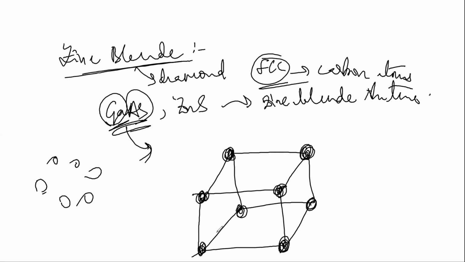Now I told you, at a fourth of the distance we'll have an atom here. This is of another element, it is not the same as carbon. There we have all carbon atoms, but here one is gallium, and the alternate atom will be arsenic, gallium arsenide.